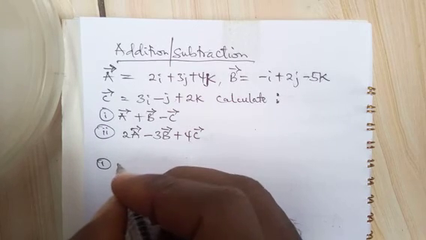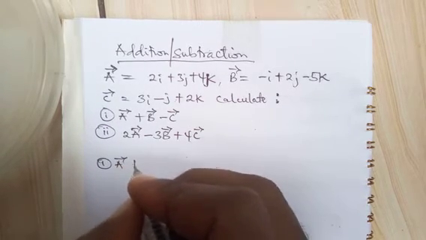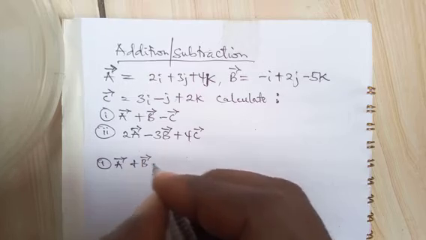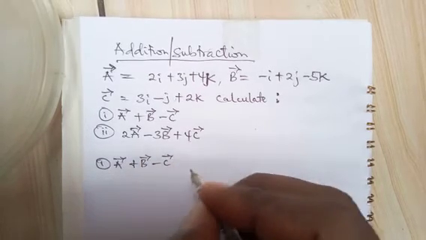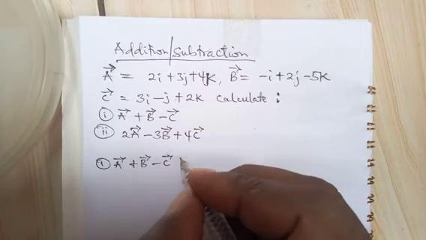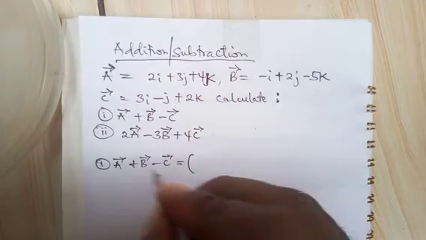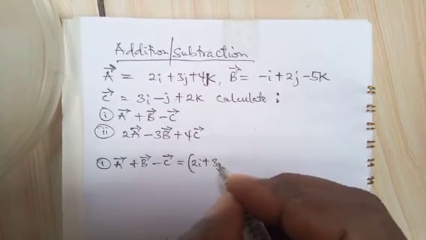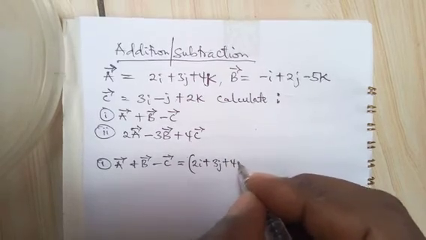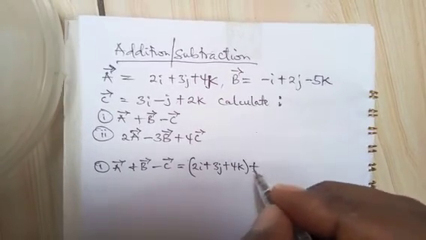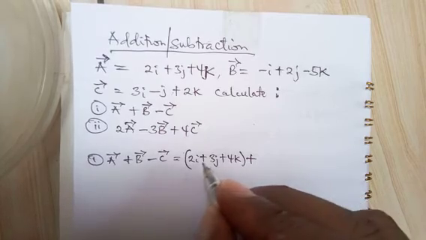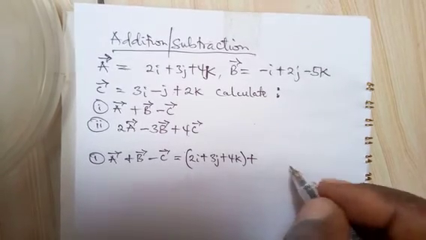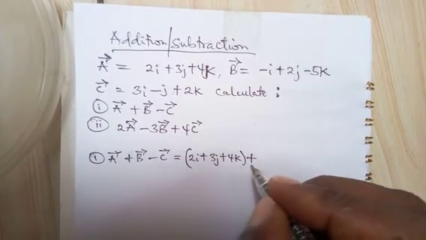The first says we should find vector A plus vector B minus vector C. Now, how we do that is by just writing them out. A is already 2i plus 3j plus 4k, plus, the reason I'm using brackets is just to put them as separate entities.